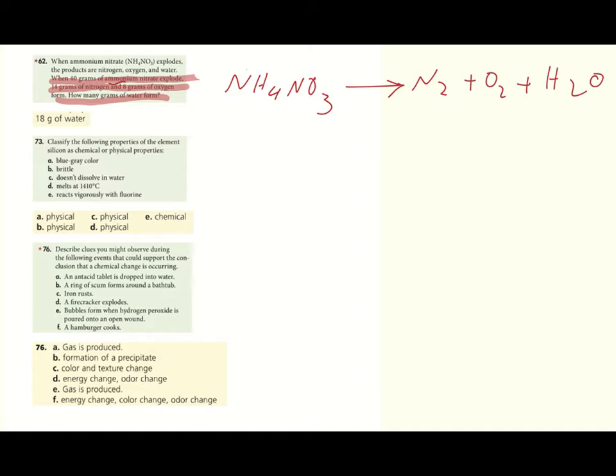He said that 40 grams of ammonium nitrate explode and give 14 grams of nitrogen and 8 grams of oxygen. Okay, and how many grams of water form? So here I will write X grams water.